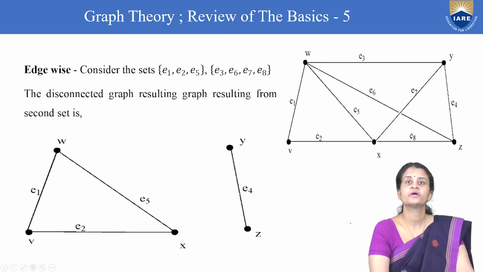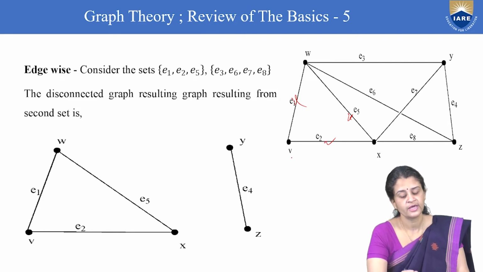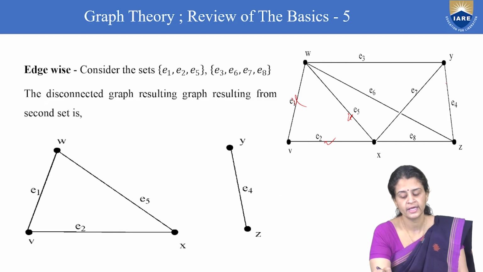Okay? When edge-wise disconnection happens, what is going on? When E1, E2 and E5 are removed, I will be removing these three. Then I will be getting this V in a separate part. Then W, Y, Z and X will form another component, and these other edges will be there, and W and X will not be connected.